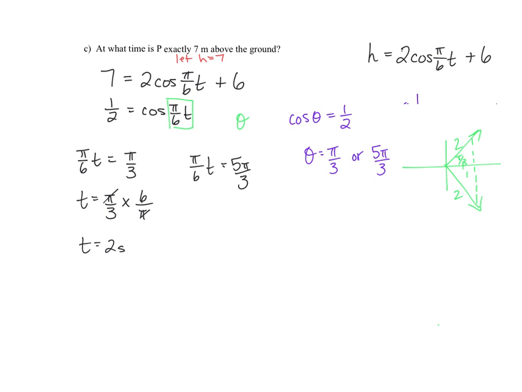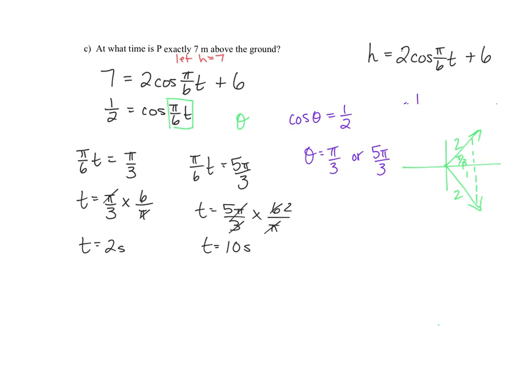At 2 seconds. And same thing here. And at 10 seconds. So we have found 2 values for at what time is P exactly 7 meters above the ground.